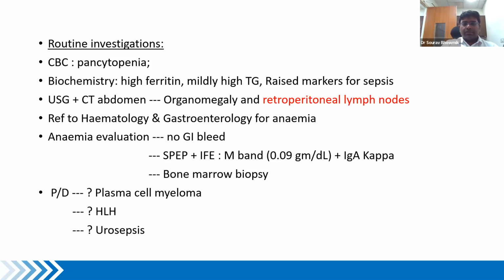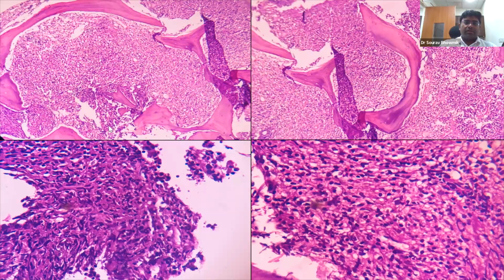Coming to the morphology of the bone marrow biopsy, the marrow looked quite cellular for the age of the patient, and in some fields there were epithelioid-looking cells with some ill-formed organization. So we were in doubt whether we were dealing with any cause of granuloma or not, or whether there was any myelofibrosis or not.